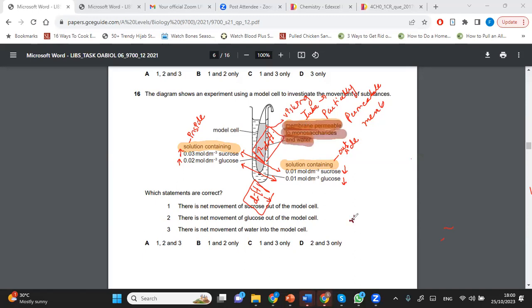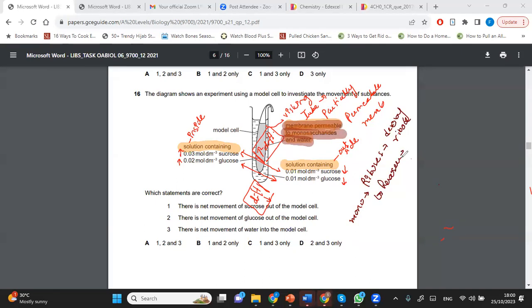The monosaccharides are, we had studied that there can be trioses, right? You can have pentoses in which you had deoxyribose, right? You had your ribose sugar. We can have our hexoses. In hexoses, what did we have?